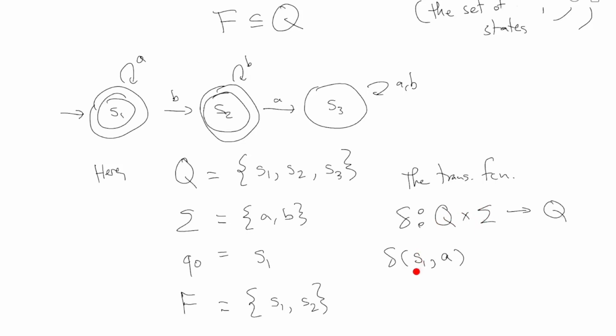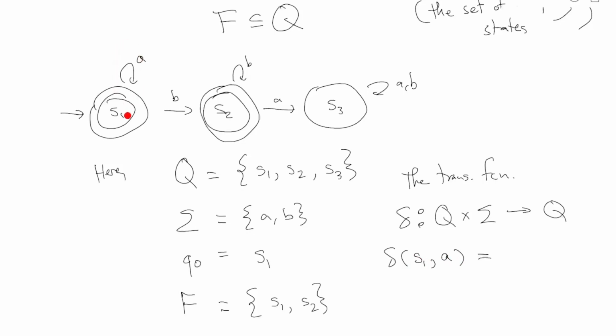The first part of the pair is one of the Q's, and the second part of the pair is one of the sigmas. That is a letter. And then the answer is one of the Q's. It is a state, all right? So the answer is one of the states. And your interpretation of this is this little function value is meant to describe where the arrow goes. And when you read this, what this means is when I'm in this state and I read this letter, where does the arrow go? If I'm in state S1 and I read the letter A, where does that arrow point to?